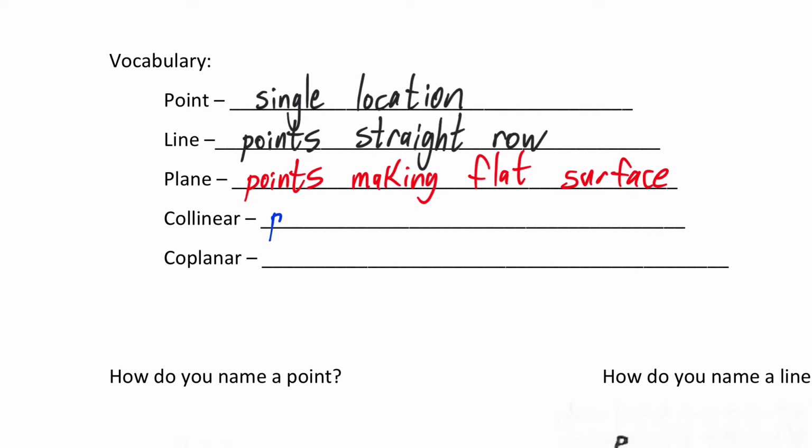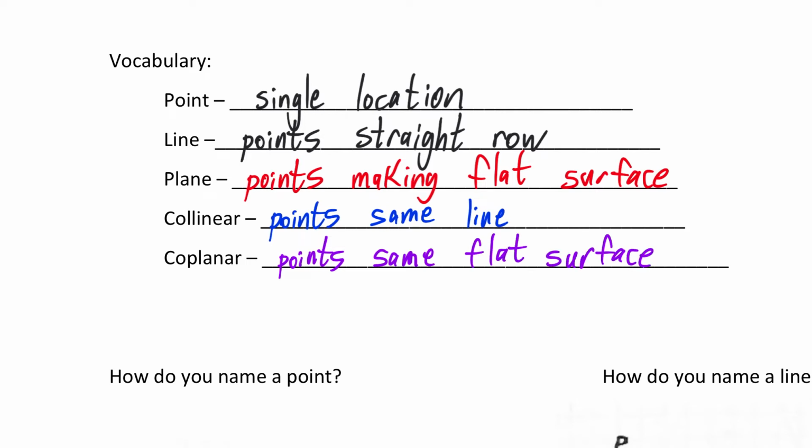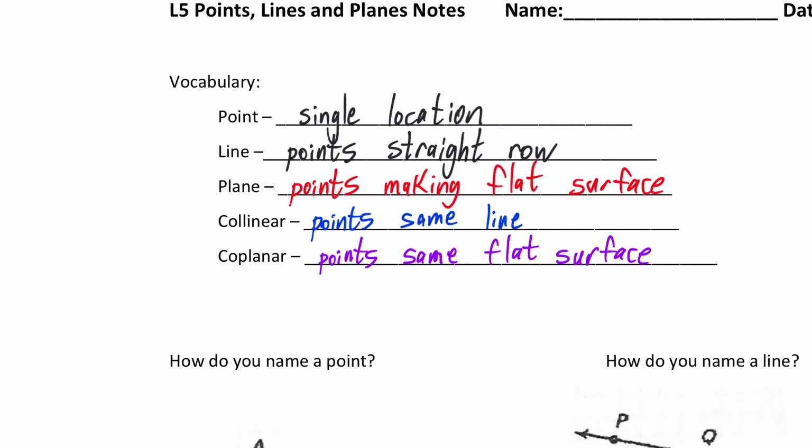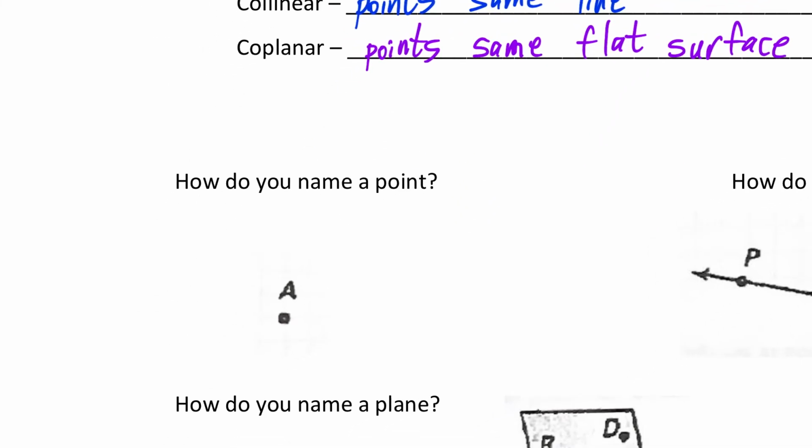Okay, collinear means points on the same line. And then coplanar means points on the same plane or flat surface. Okay, so same stuff we just got through talking about.